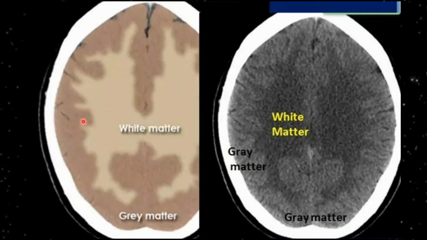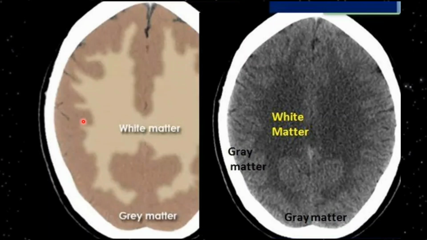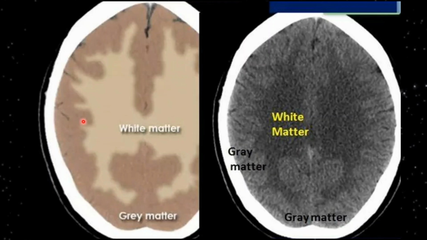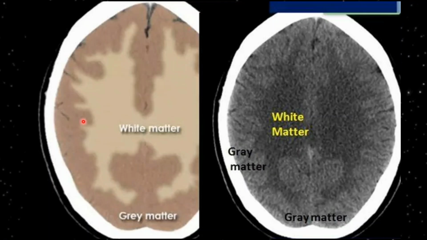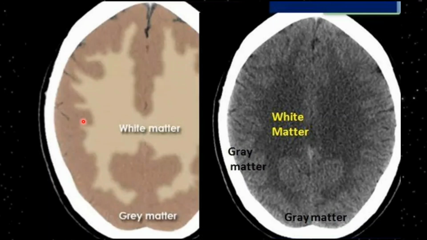The cortex is also called gray matter. These fibers go from the cortex to the spinal cord and connect both cerebral hemispheres. Here on the CT image you can appreciate that the outer undulating surface, which is gray matter, appears slightly whiter.